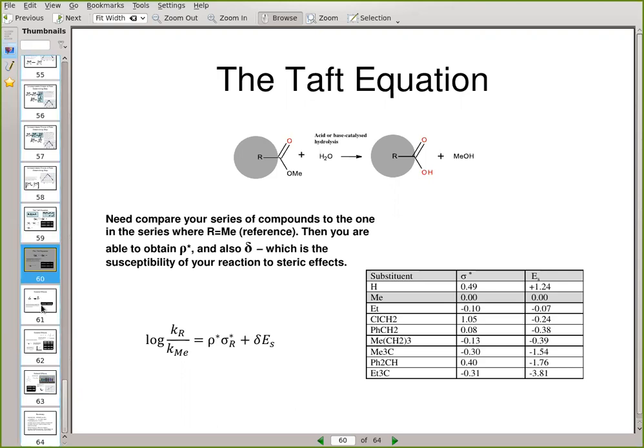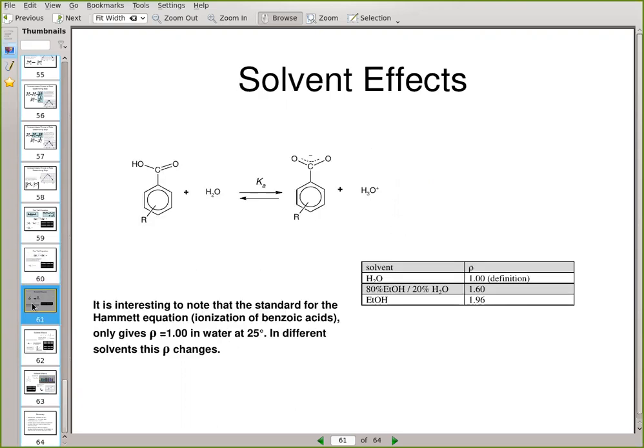Right, that's the first. But of course, now have a look at this. You should recognize this reaction that we've got here, because this is the standard for our Hammett substituent constants. This is benzoic acid, and these are the acid dissociations of benzoic acids.